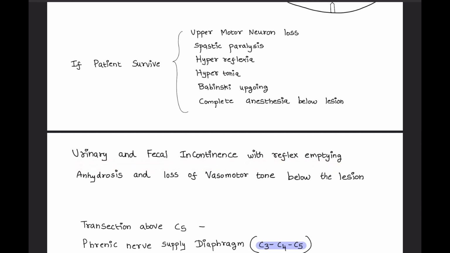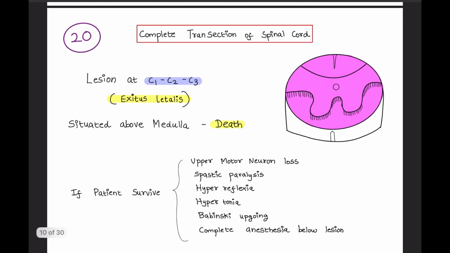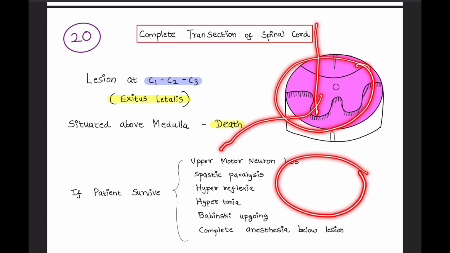So what is this reflex emptying? Here in this spinal cord, whether it is C1 or C2 or C3, the lower motor neuron is affected because of the lesion, but the corticospinal pathway is intact in this spinal cord. Only the spinal segments from here will have upper motor neuron type of problems because the information from the corticospinal tract cannot come to this spinal segment.